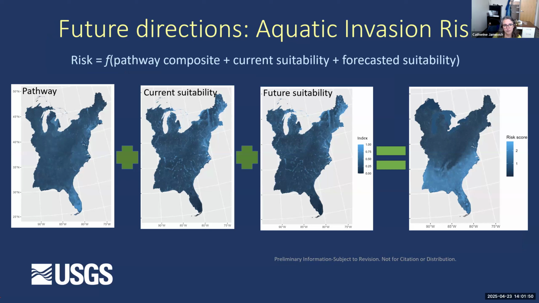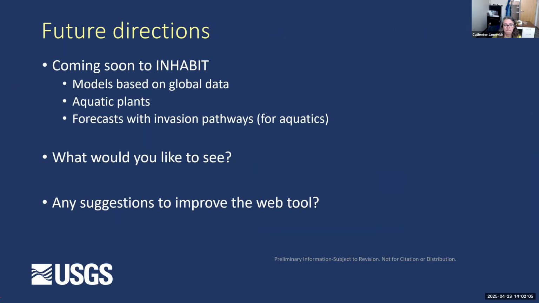So we're coming up with an integrated risk score across pathways, suitability now, and suitability in the future. That's something we may be thinking about more for future iterations of Inhabit as well. Those are the three big future directions that we have been working on.